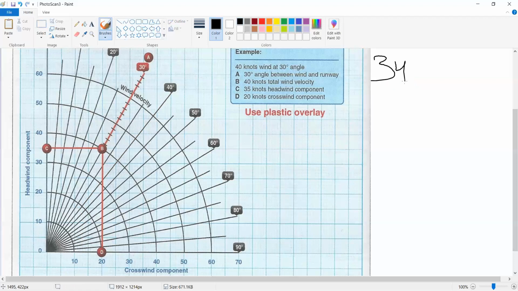So we have 34. What is the maximum wind velocity for a 30-degree angle crosswind if the maximum crosswind component for the airplane is 12 knots?